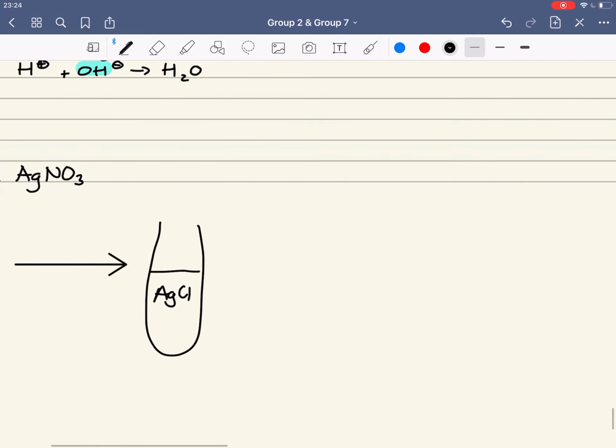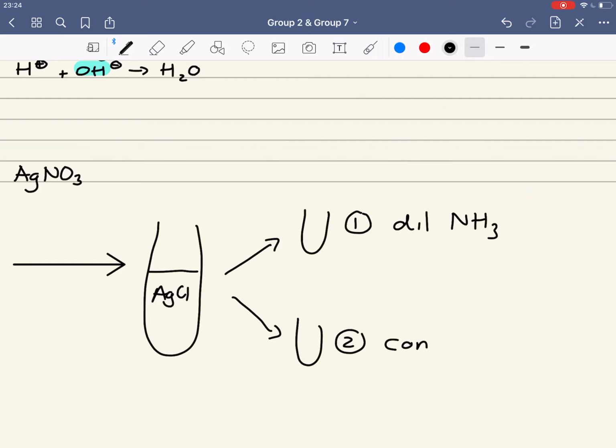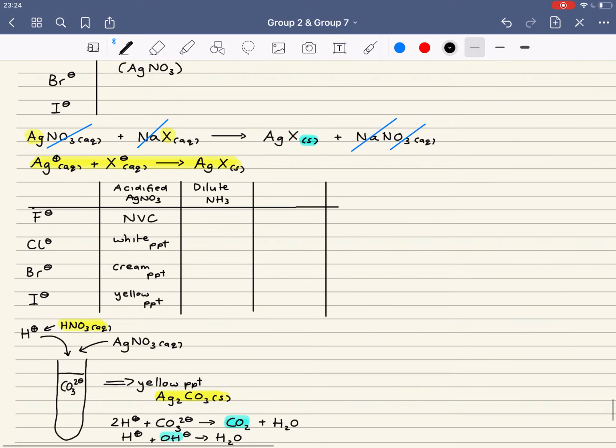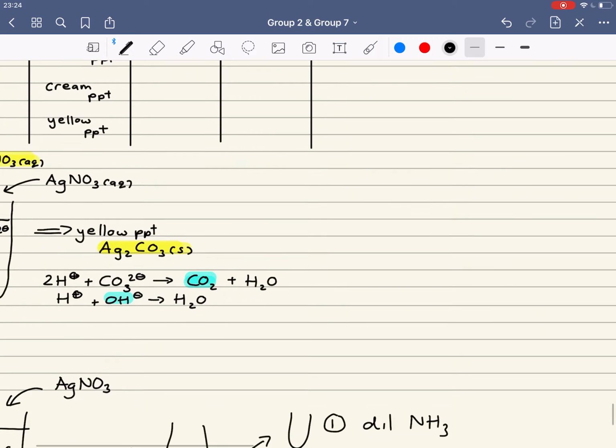You then separate that into two separate test tubes, and you test this one with dilute ammonia and this one with concentrated ammonia.